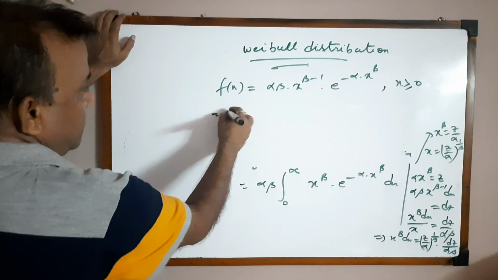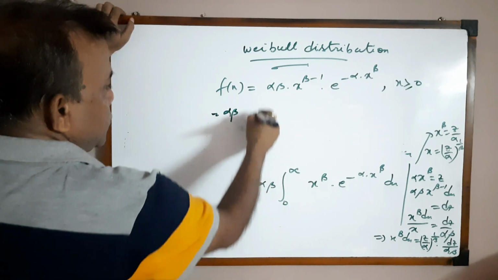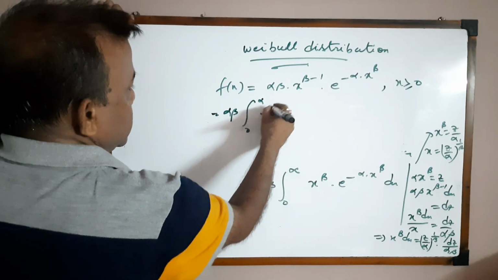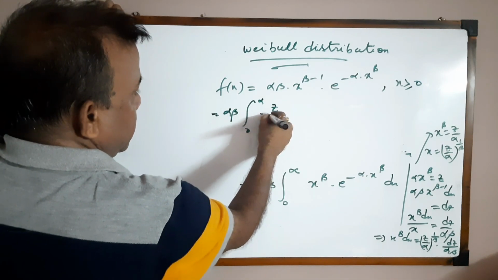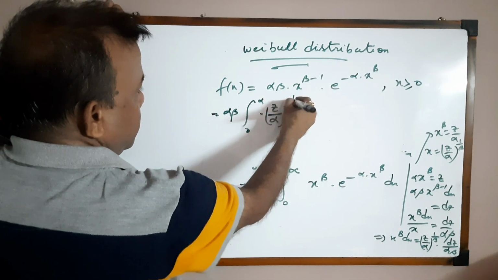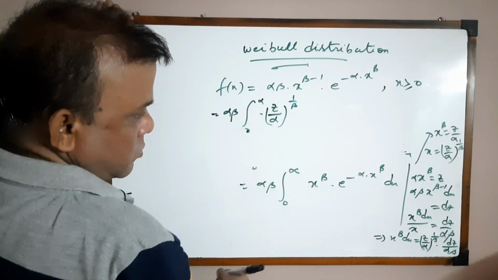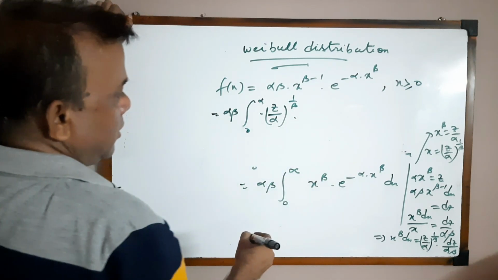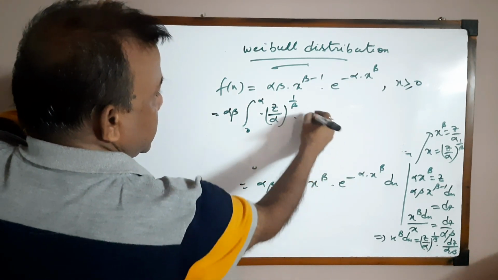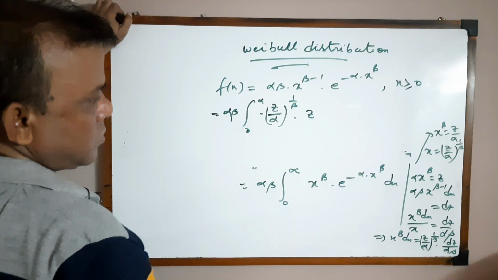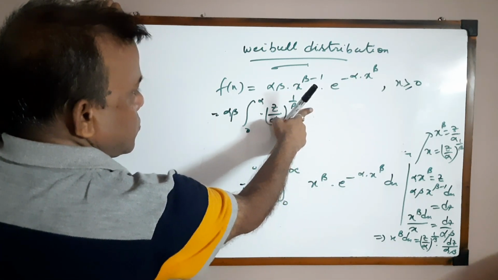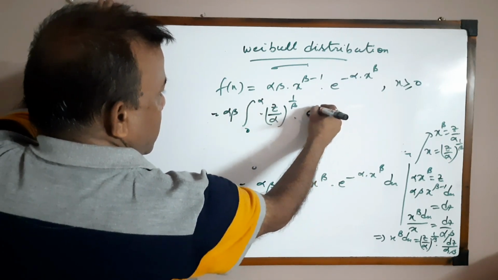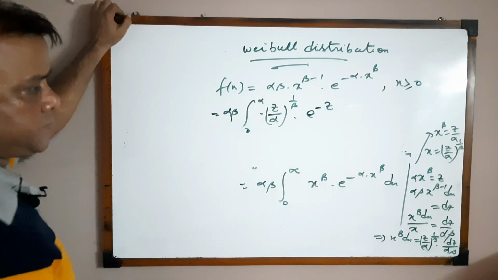Okay, this is equal to alpha beta integration 0 to infinity z by alpha to the power 1 by beta into dz by alpha beta into e to the power minus z.